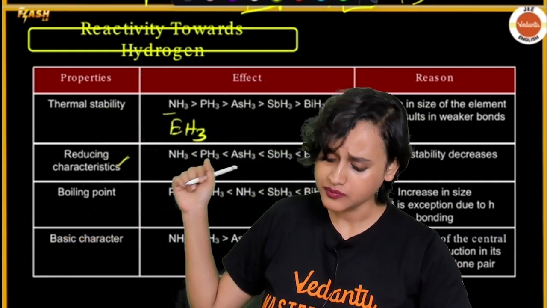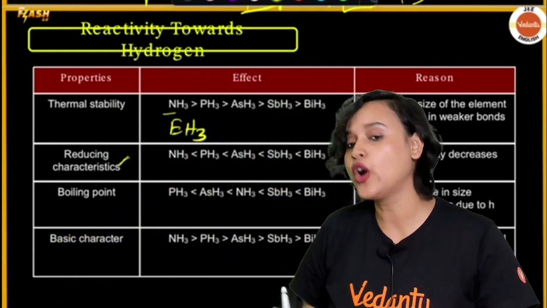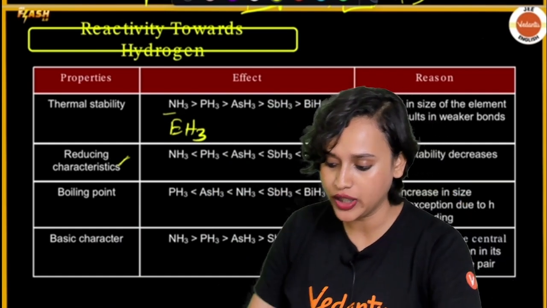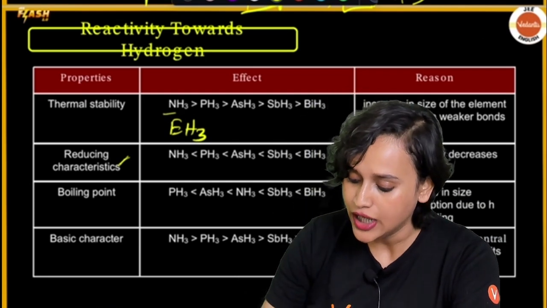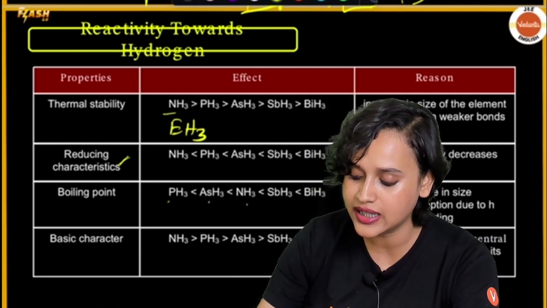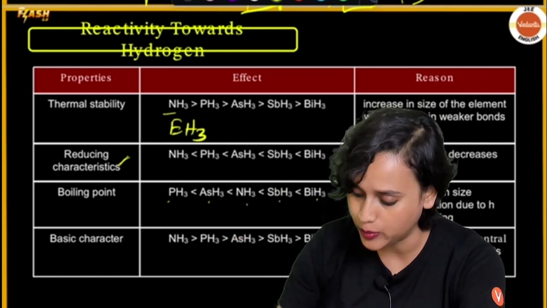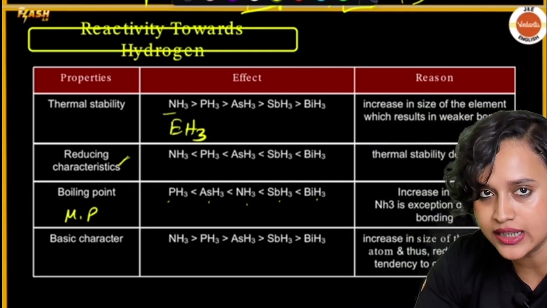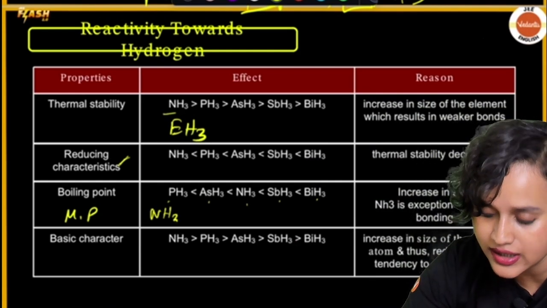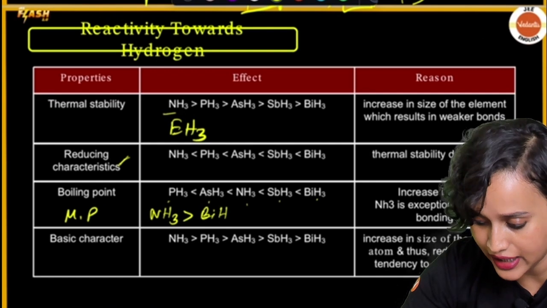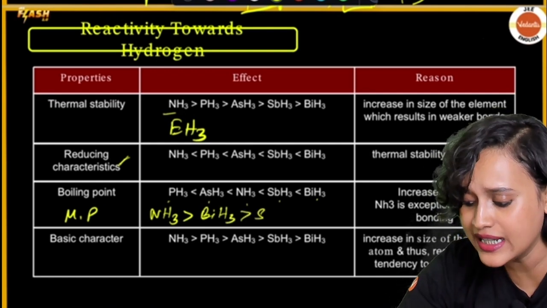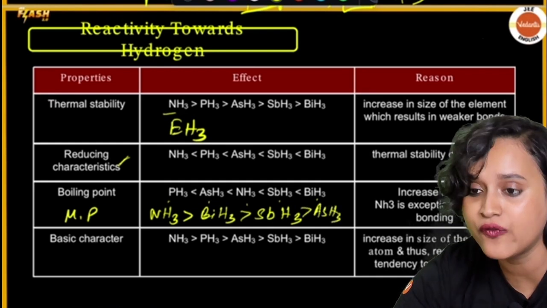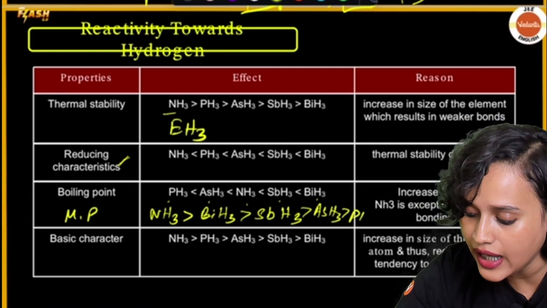Now guys, the melting point and the boiling point are slightly important here. Have a look. For boiling point you have PH3, AsH3, SbH3, BiH3 and NH3. Now the melting point, I'm writing it down here. You see that the melting point order is NH3, then BiH3, then SbH3, then AsH3 and finally PH3.